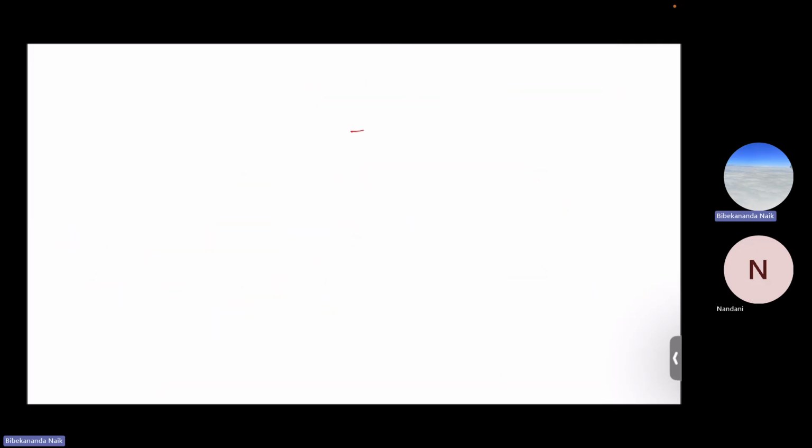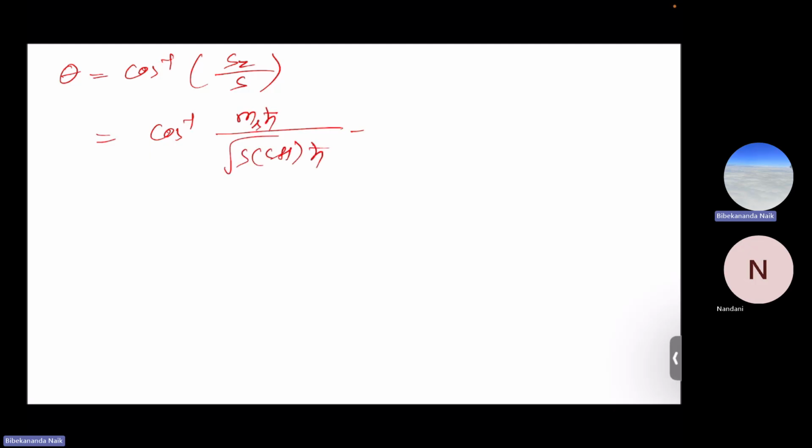Then depending upon the two Sz values, because Ms is plus half and minus half, theta will be cos inverse Sz by S, that is cos inverse of Ms h cross divided by root over S into S plus 1 h cross.